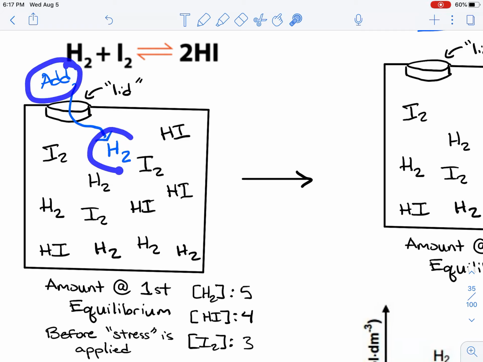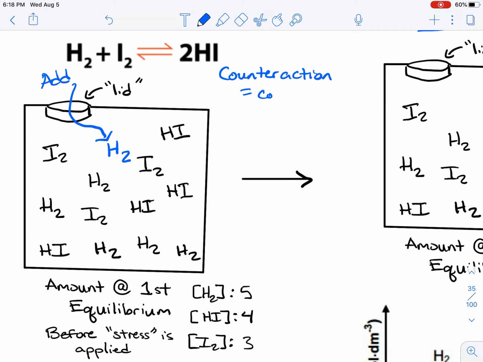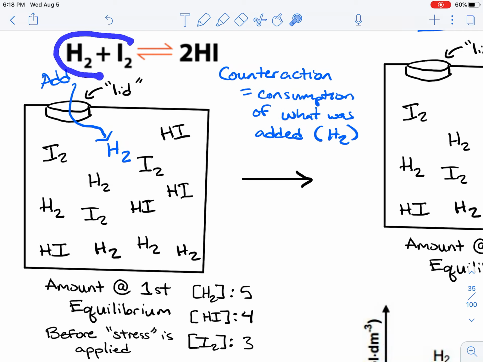Since we added H2, the only way to counteract the addition of H2 is to consume it. So the counteraction is going to be the consumption of what was added, which in this case is H2. According to the chemical reaction, the only way to do that is if H2 reacts with I2 to produce HI.